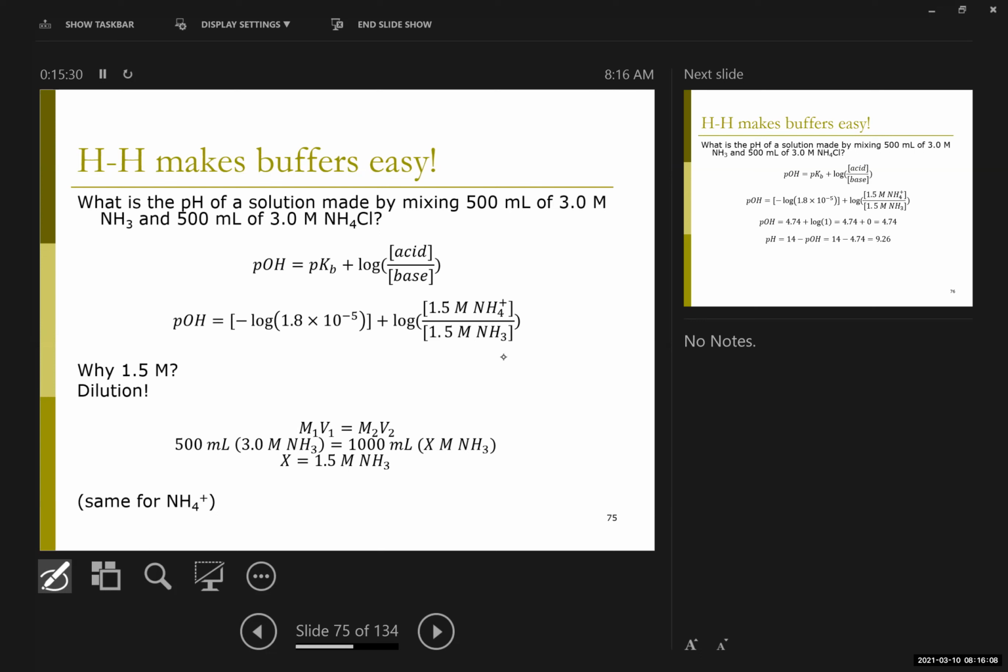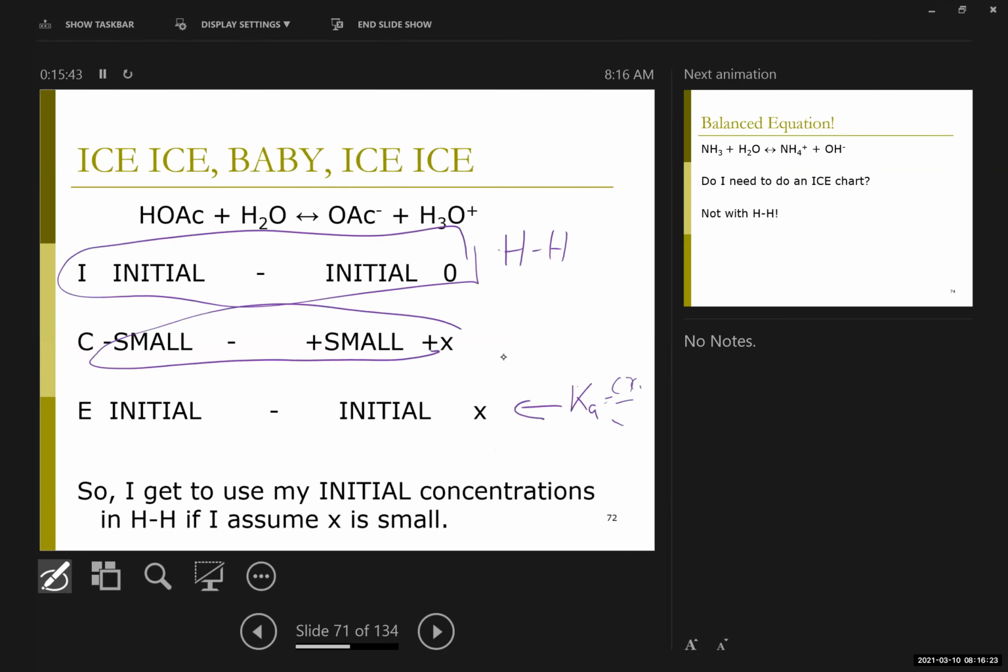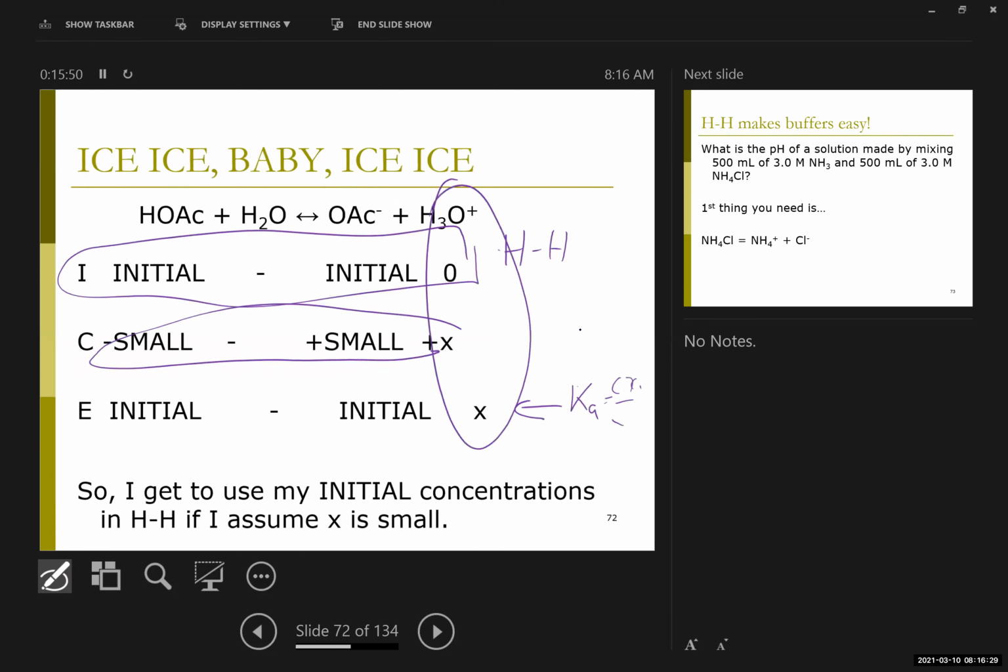Now, does that mean it always shrinks X to where it's small? No. You could, in fact, justify X if you want, because the X value is the pOH value. If you actually go back and look at the ICE chart that I'm trying hard to avoid here, for the acetic acid, I'm calculating the pH.